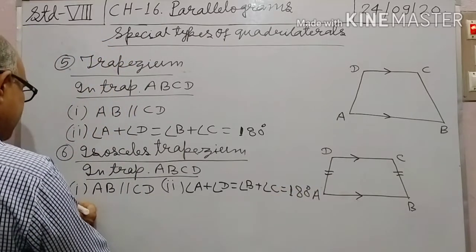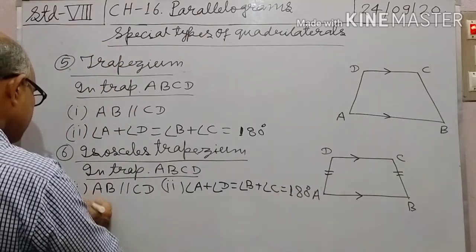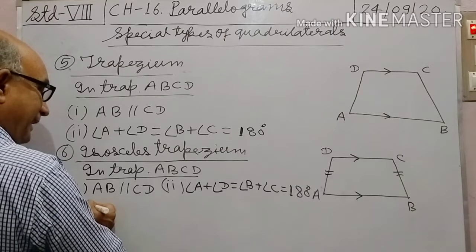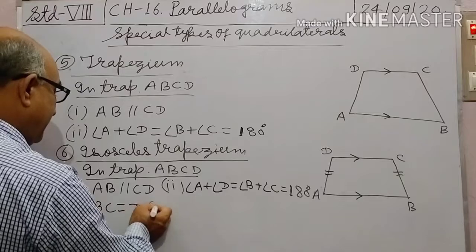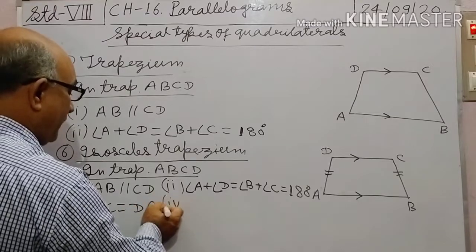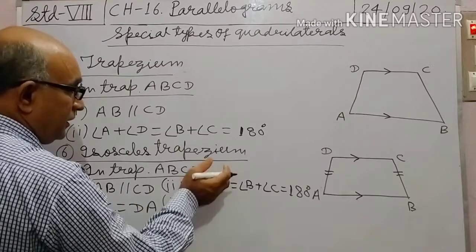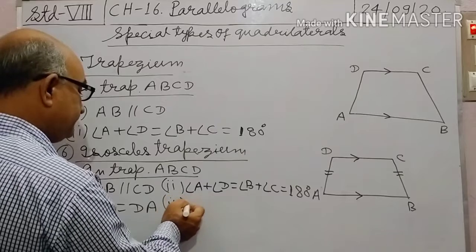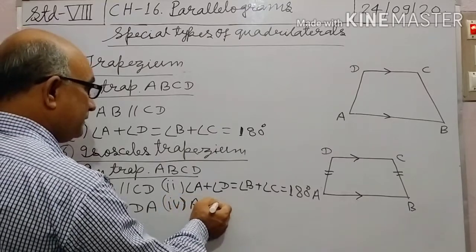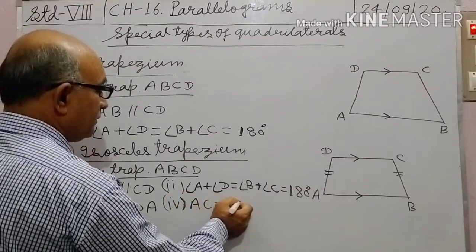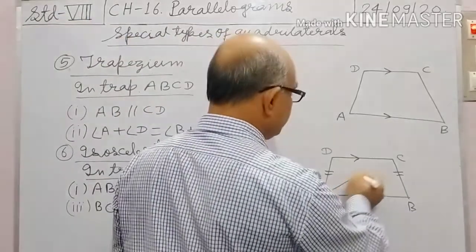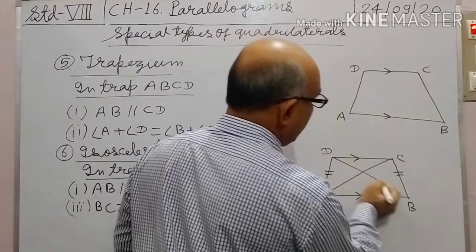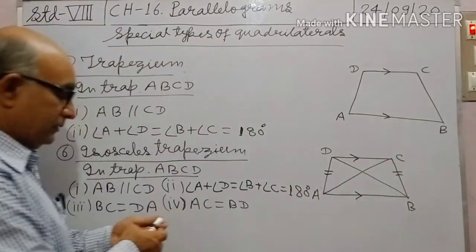And third property, BC equal to DA. And fourth property also, diagonals are equal. AC equal to BD. Diagonal AC equal to diagonal BD.